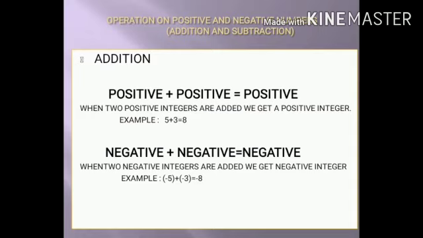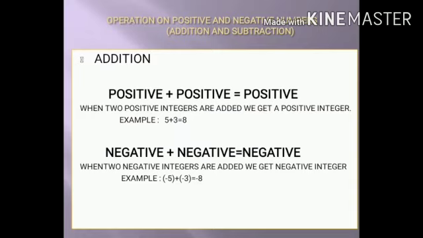Next, when we add two negative integers, we will get the result as negative. When two negative integers are added, we get a negative integer. For example, minus 5 is a negative integer and minus 3 is another negative integer.